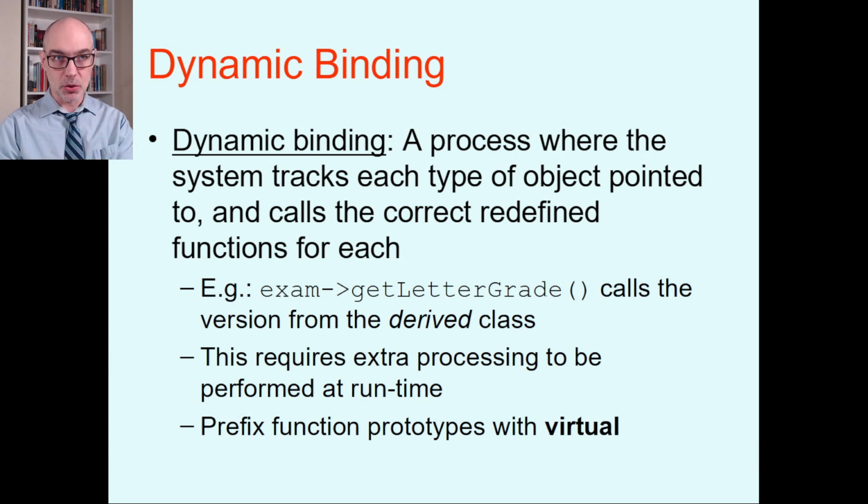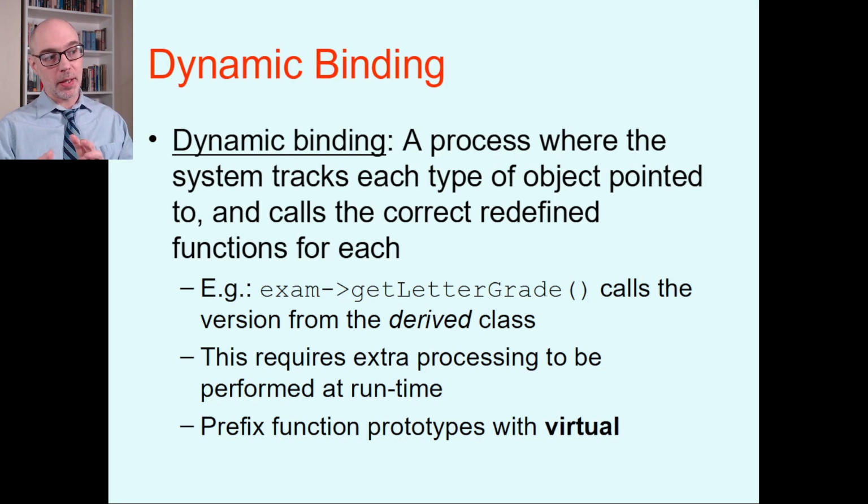It's going to dig into that underlying object, find out what it really is, which in our example is a pass-fail exam, and then call the version of the redefined function just for that object, which is probably the child class redefined version of that function.